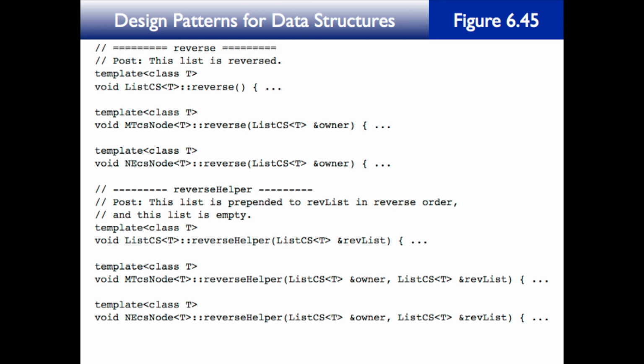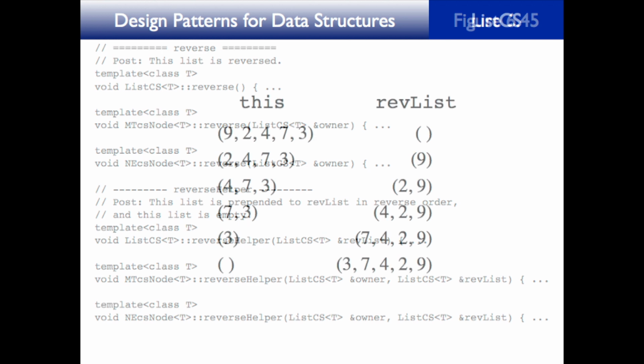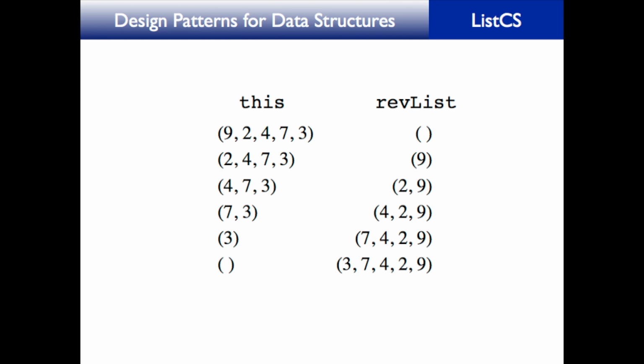The list version of the reverse helper is going to call the node version of reverse helper, but with what? With two parameters, an owner and rev list. You should program that to do the operations as shown in this last slide with this and rev list. There are a few more details of how all of this works in the text, and this will conclude our screencast.